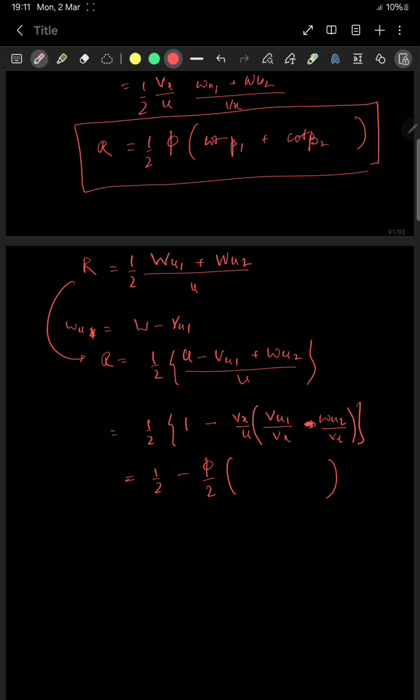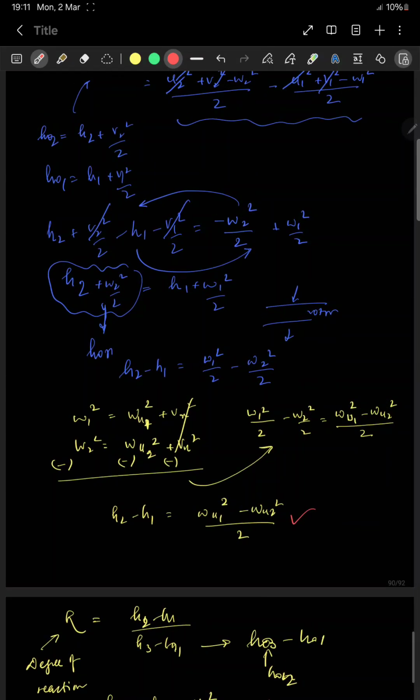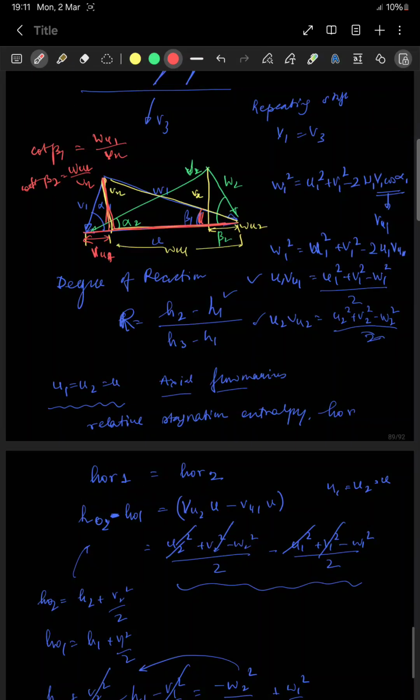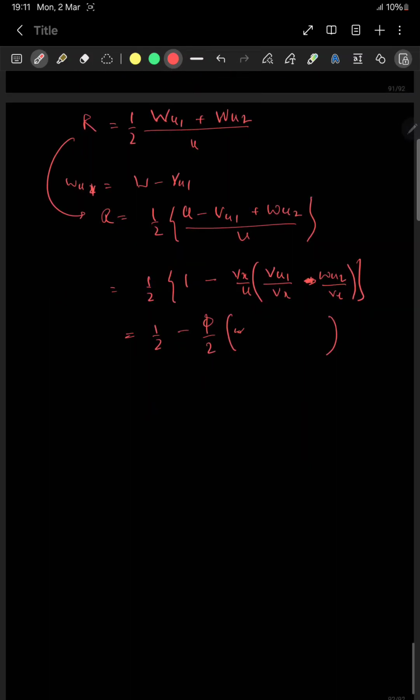So if we see vu1 by vx, this is alpha 1, cot alpha 1 is equal to vu1 by vx. So we can write this as cot alpha 1 minus cot beta 2. We have already seen how it is beta 2.